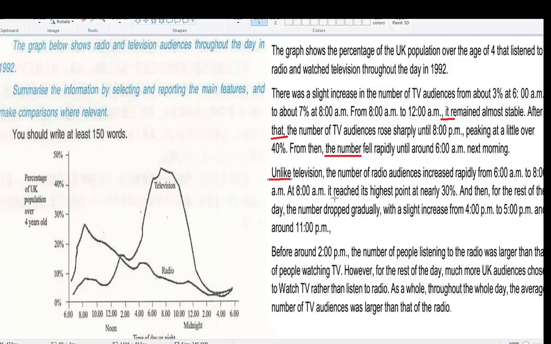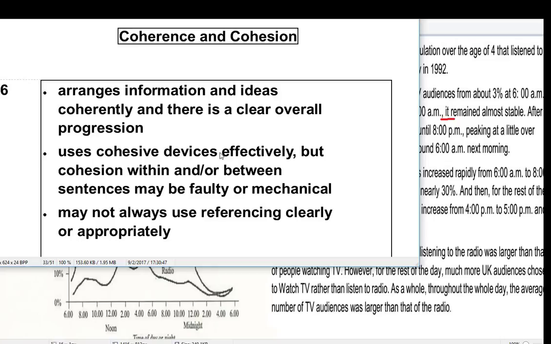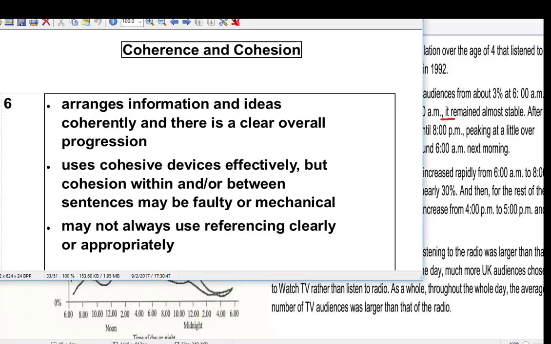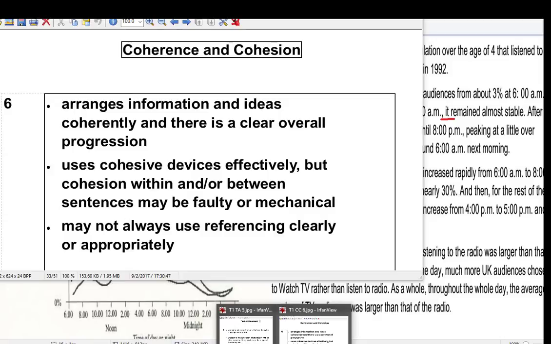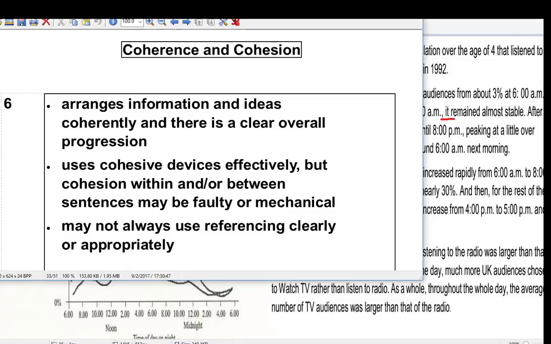"Increased rapidly. It reached its highest point. The number dropped gradually." Okay. I looked at a 6. Yeah, why not? 6. But, oof. Task achievement was so bad. 4. So we have 4 and now we have a 6.